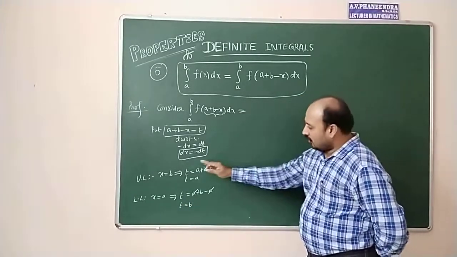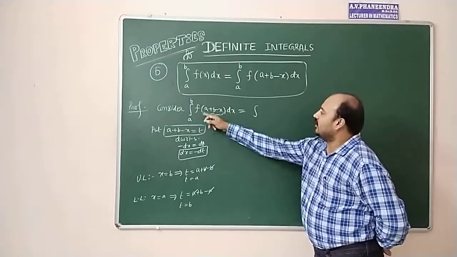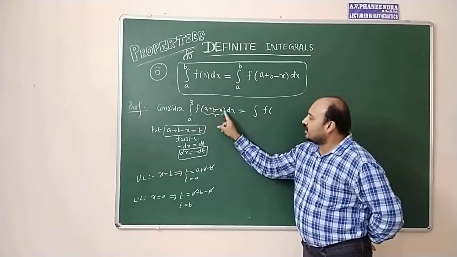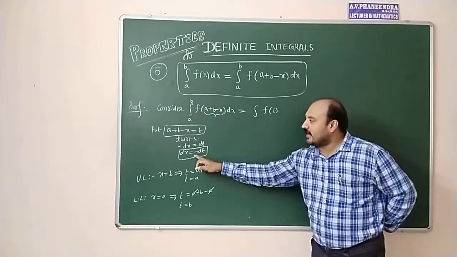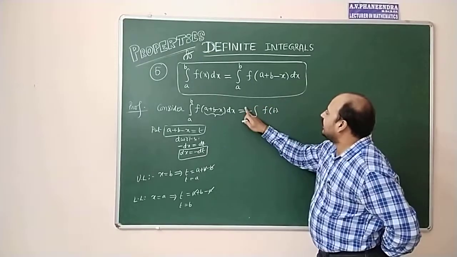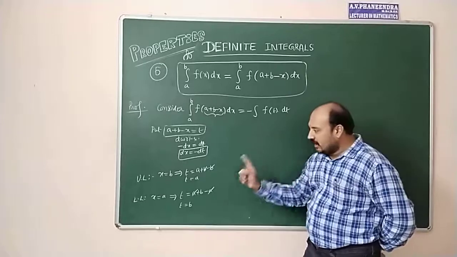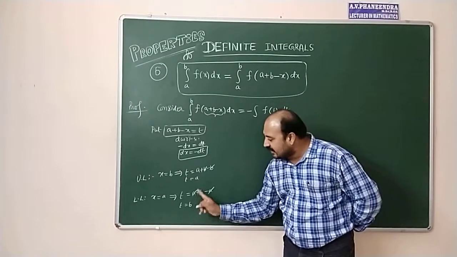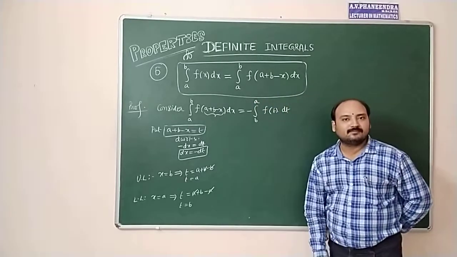Therefore, after completing this work, integral f of this value we assumed as t now. So f of t, dx value is what? Minus dt. Minus you can take outside of the integral and keep dt here. Whenever the function is in terms of t, limits will be changed as lower limit is b, upper limit is a.